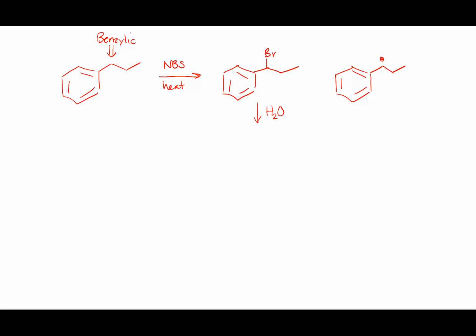Why? It's going to form a carbocation, which will make it SN1, but why does it have to go SN1? Because water is what kind of nucleophile? Weak. And weak nucleophiles can only undergo SN1. They can only react with carbocations. So this would have to be an SN1 mechanism.